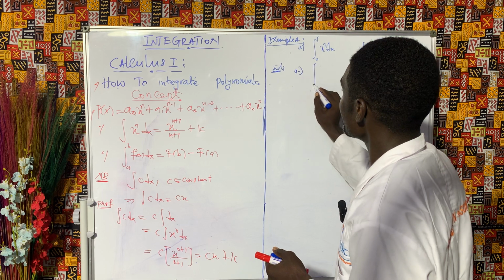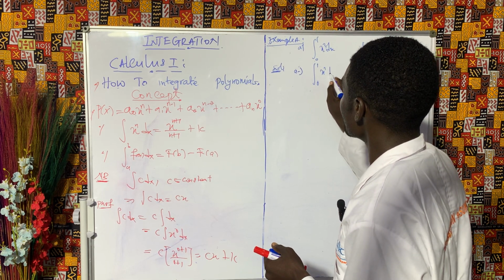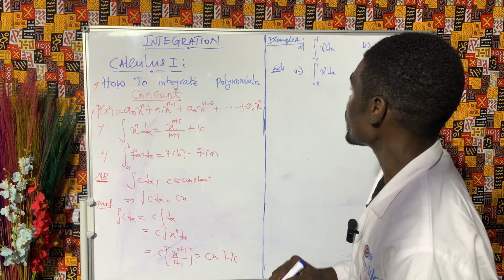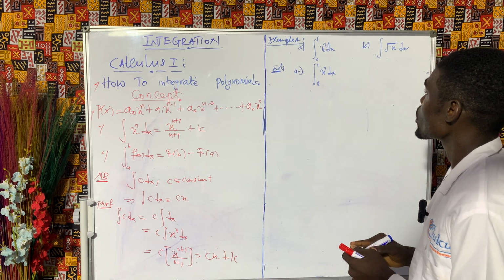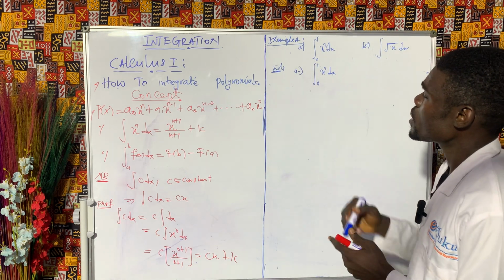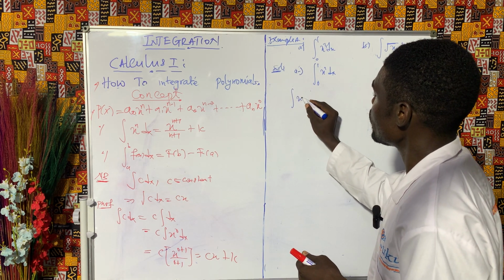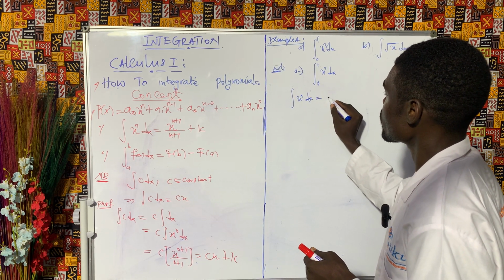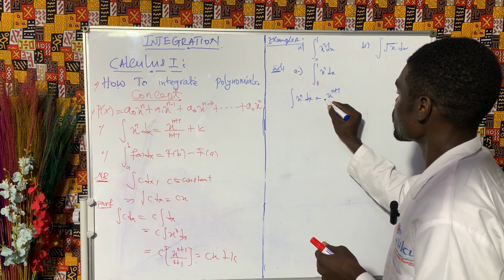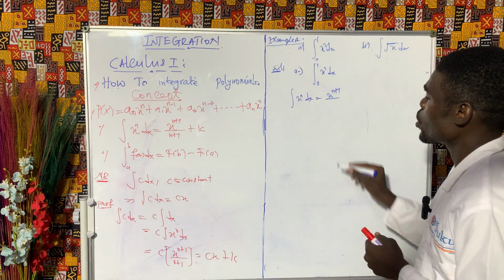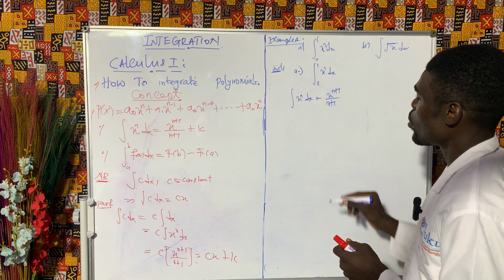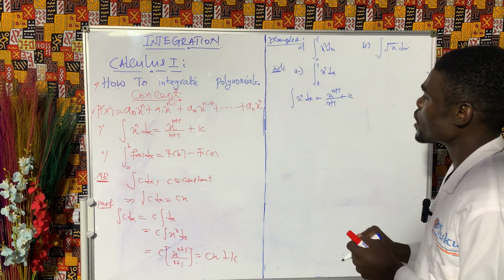For a, we have the integral from 0 to 1 of x squared dx. So we recognize it as a polynomial function. To solve this, we remind ourselves that for any integral with respect to x of polynomial nature, we have the power n plus 1 plus a constant k.